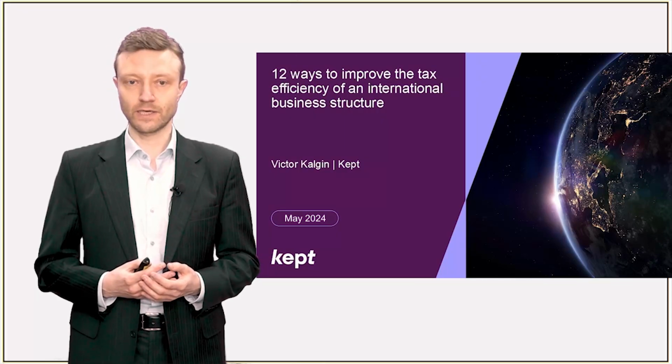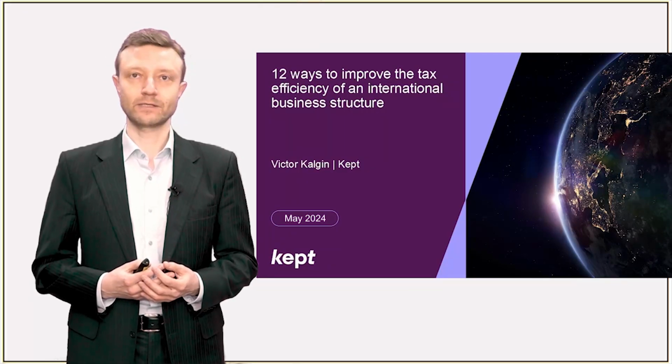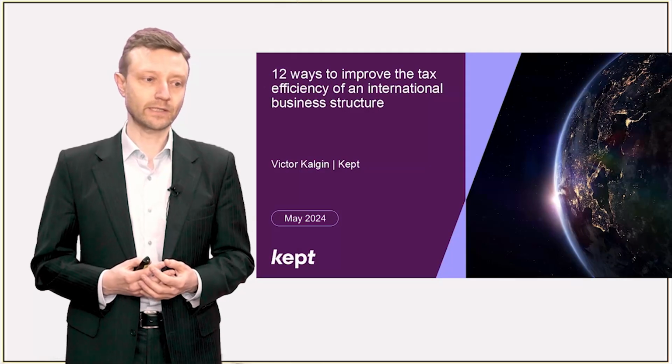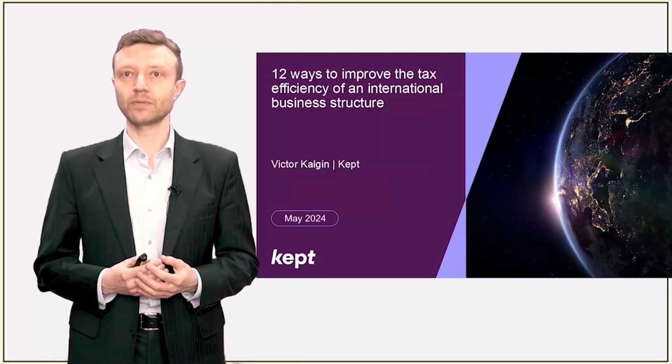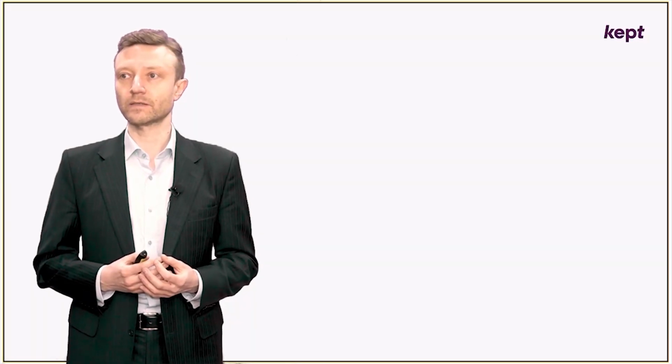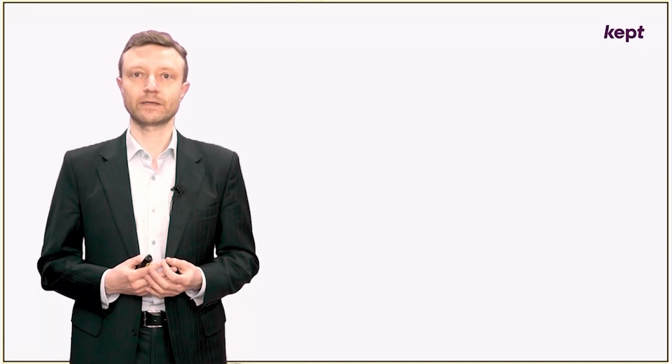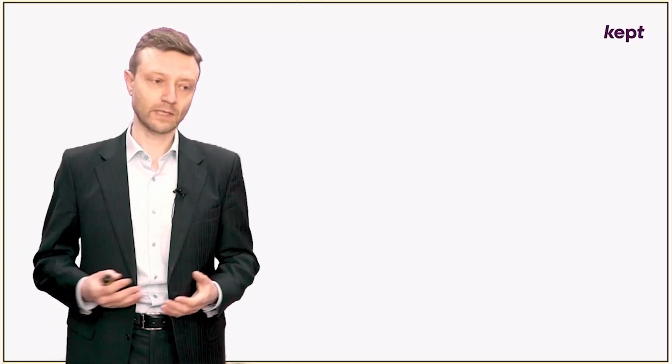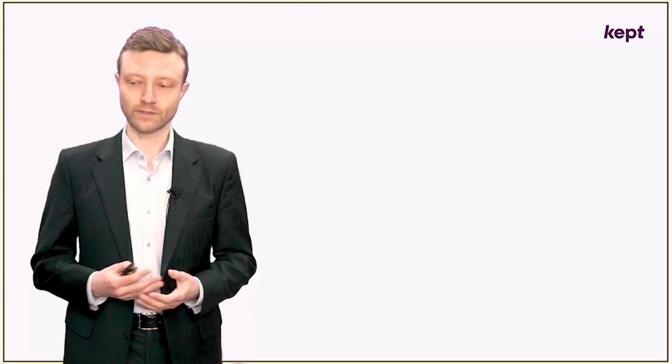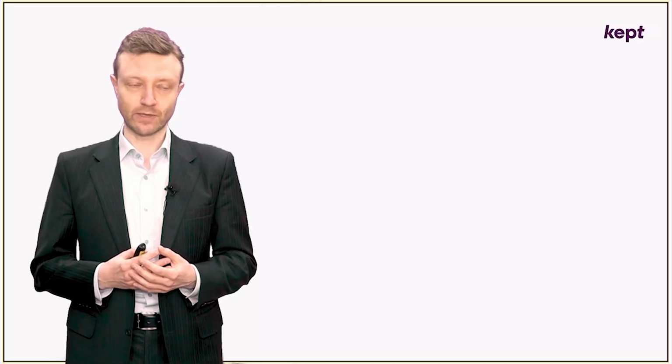This is what I do, and I decided to share my experience and provide examples of situations where tax efficiency of international structures can be improved, so how to improve the tax efficiency of investment structures.